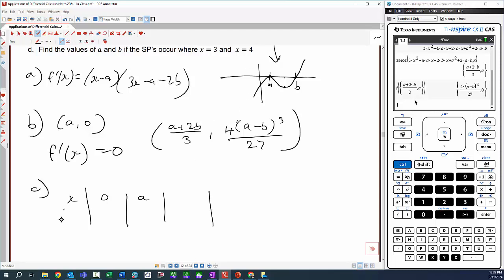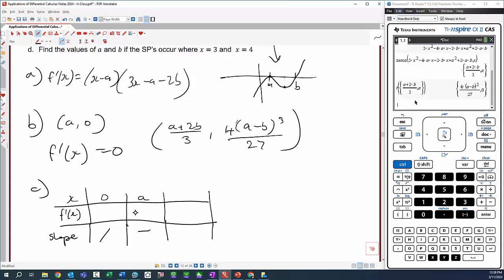Now what we're going to do with those values of x is put them into f'(x) to find out what the gradient is at that point. And then we note the shape. At 0, f'(x) is going to give a positive gradient, so it's going to take this shape.